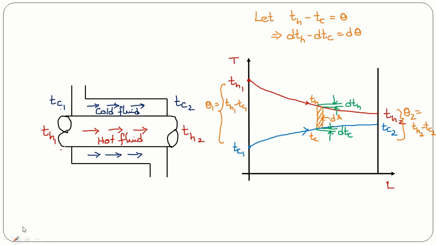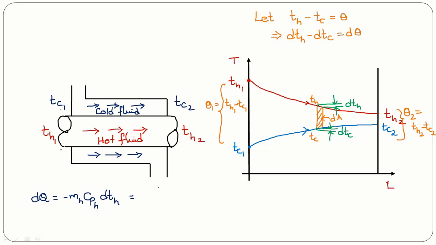Now, the heat lost by the hot fluid in the element, let us consider it as dQ, which is minus mH Cph, specific heat of the fluid, into dTh. So, within this particular elemental area, this is the amount of heat drop in the hot fluid.